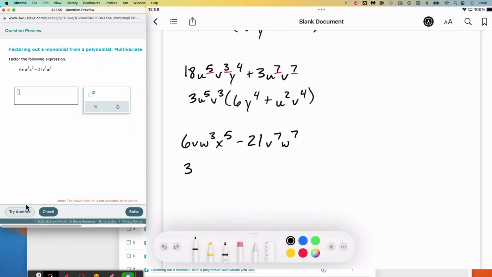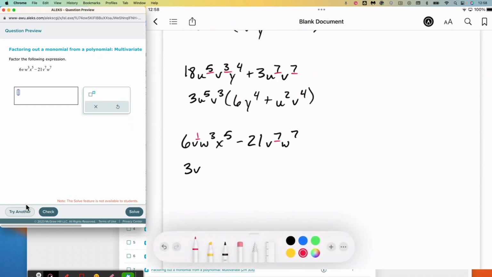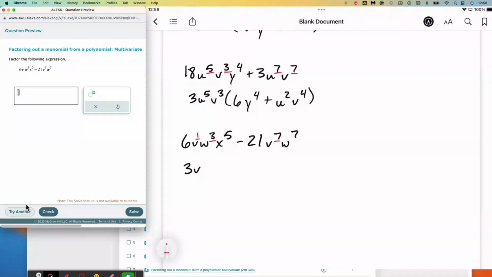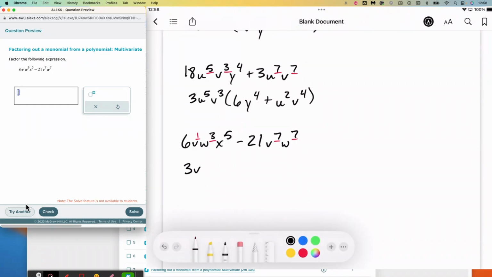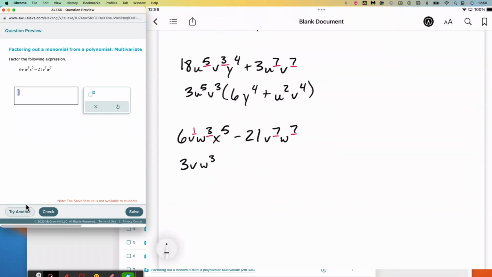And we need to look at the variables to see what we can do there. We have a v to the power of 1 here and 7 there, so we can take out 1v. We have a w to the 3rd and a w to the 7th, so we can take out a w to the third. And then there are no x's on the one on the right, so those are going to stay there.